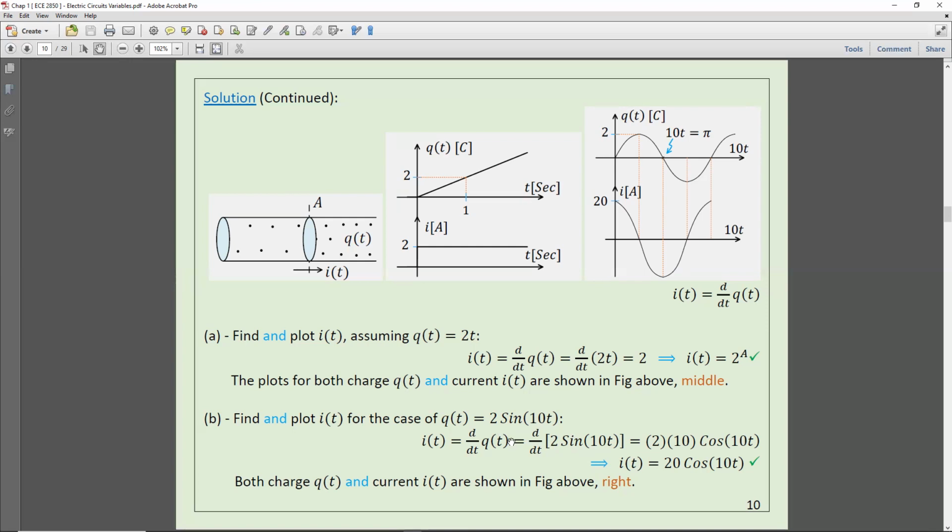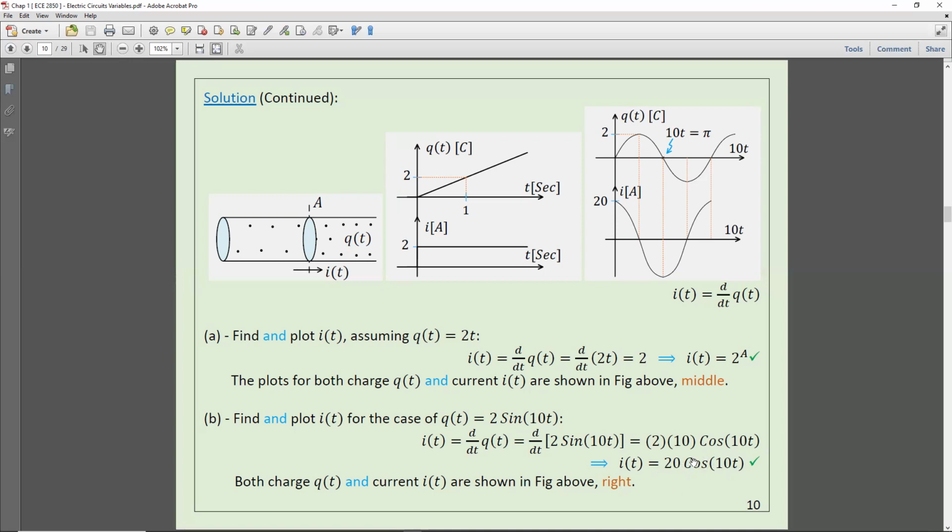Number 2, sine should be cosine. Number 3, it has to be times the differentiation of what is inside here. The differentiation of 10t is equal to 10, similar to what we did here, where the differentiation of 2t is equal to 2. That's it. When you multiply it, this is the current. It should be this way.